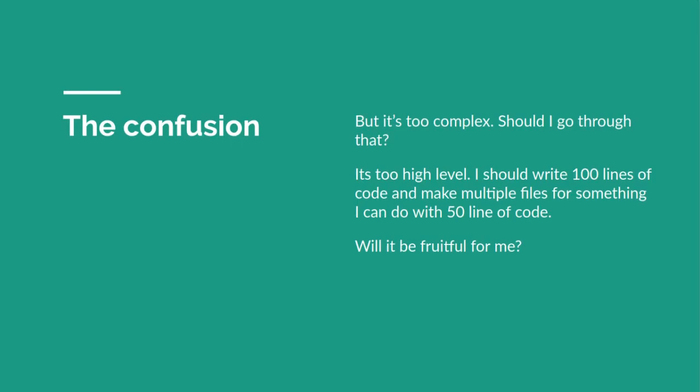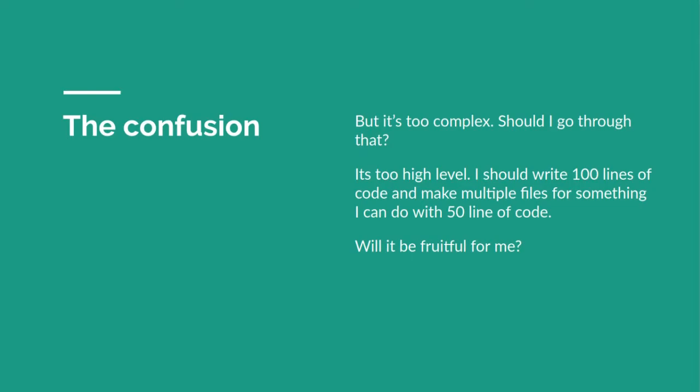But when I'm following a certain architecture pattern like MVP or MVVM, I'll have to make a lot of files, a lot of classes, separate files for model, separate files for controller, and then define controller, model, and their communication in a different way. The number of files and the number of lines of code goes on increasing. So it's too high level. Why do I need to implement that? That's the concern of some people.